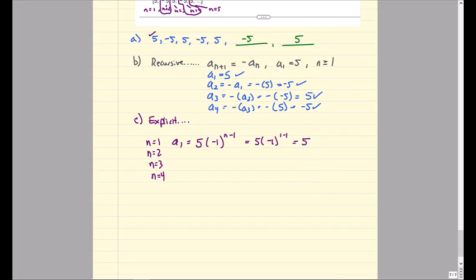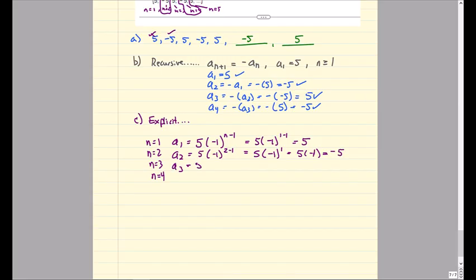So that works up here. So that could work. Let's see what happens here. A sub 2. This would be 5 times negative 1 to the 2 minus 1. So it would be 5 times negative 1 to the 1, since 2 minus 1 is 1. 5 times a negative 1 is a negative 5. So that works.